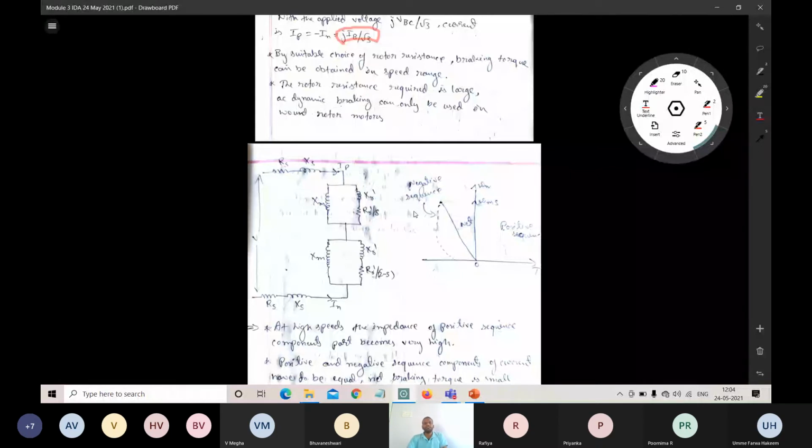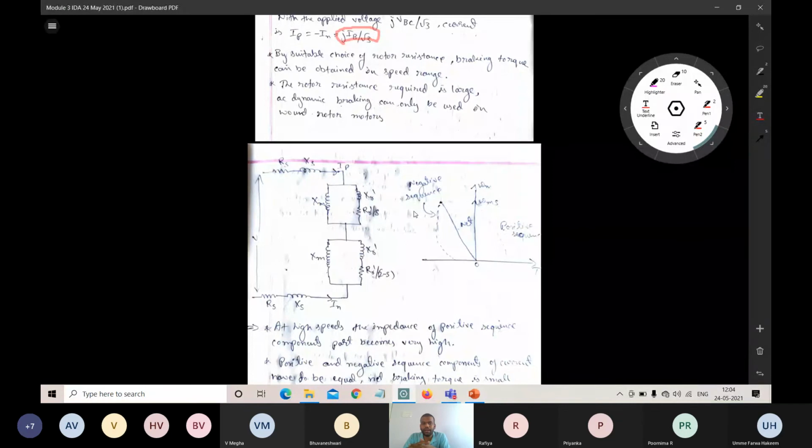So the required rotor resistance should be high. Whenever we use a high amount of rotor resistance, only then can we supply enough current and generate enough voltage in order to brake the motor.